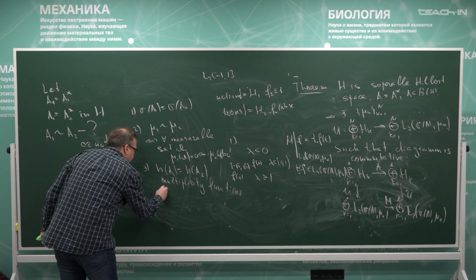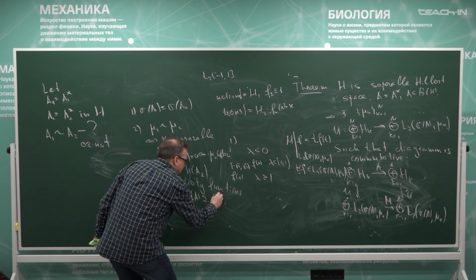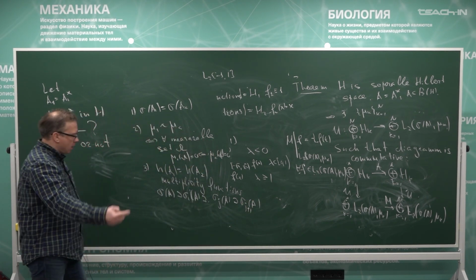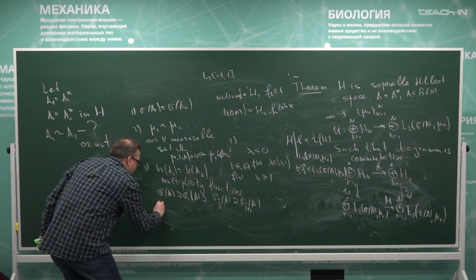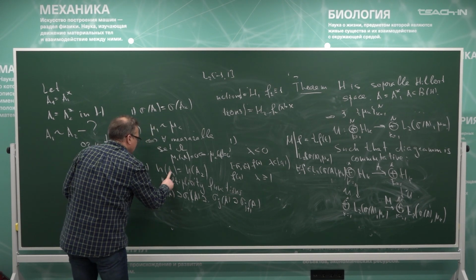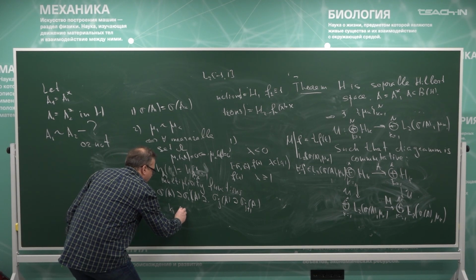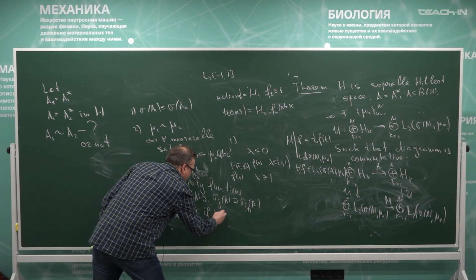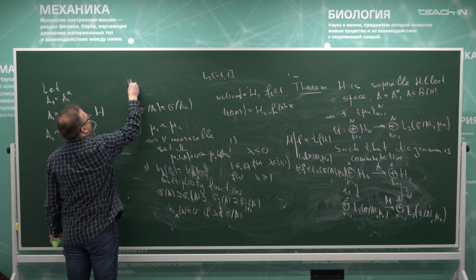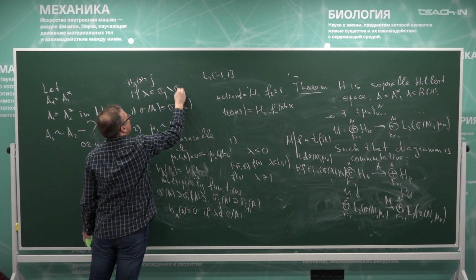You have some subsets which lie in the spectrum, and they are nested. So n_A, with n as the index: n_A(lambda) equals 0 if lambda does not belong to the spectrum, and n_A(lambda) equals k if lambda belongs to sigma_k minus sigma_(k+1).